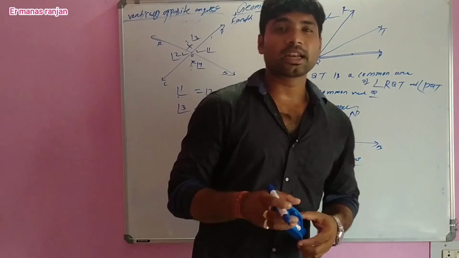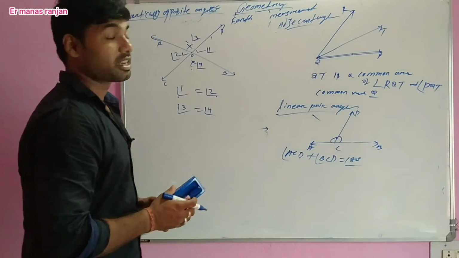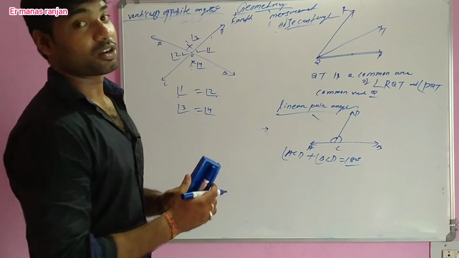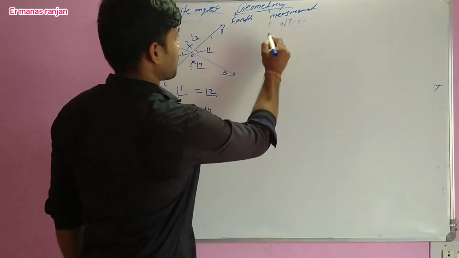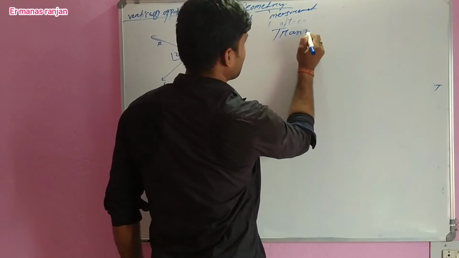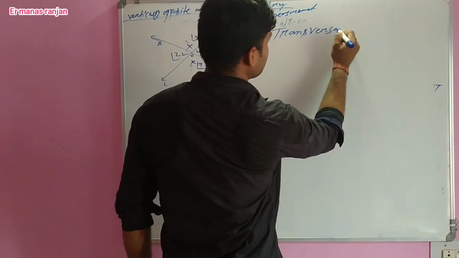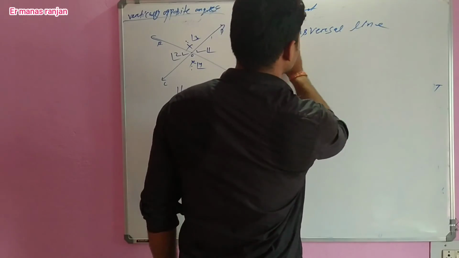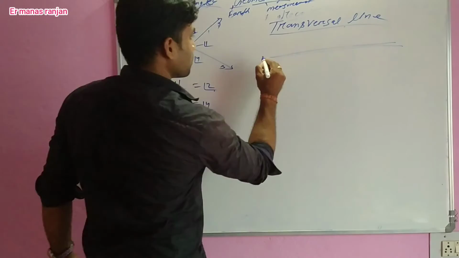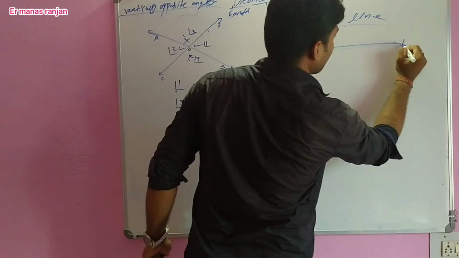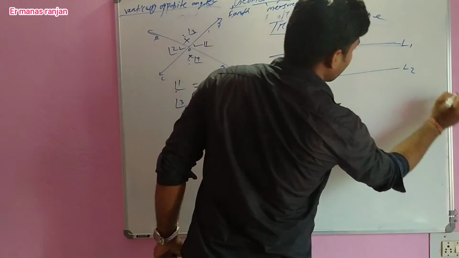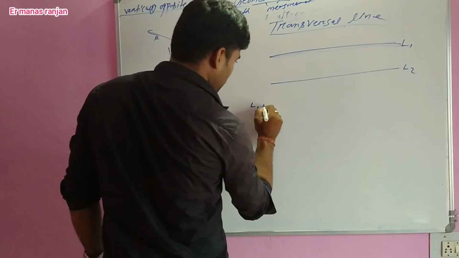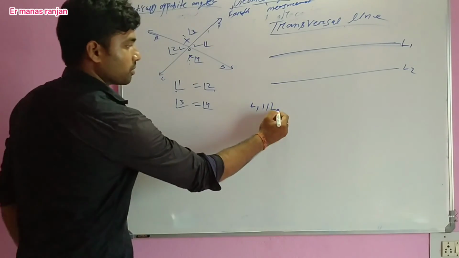Then the most important one is the transversal line. Let's talk about the transversal line. Suppose there is a line L1 and another line L2 which is parallel to it. That means L1 is parallel to L2. Got it?